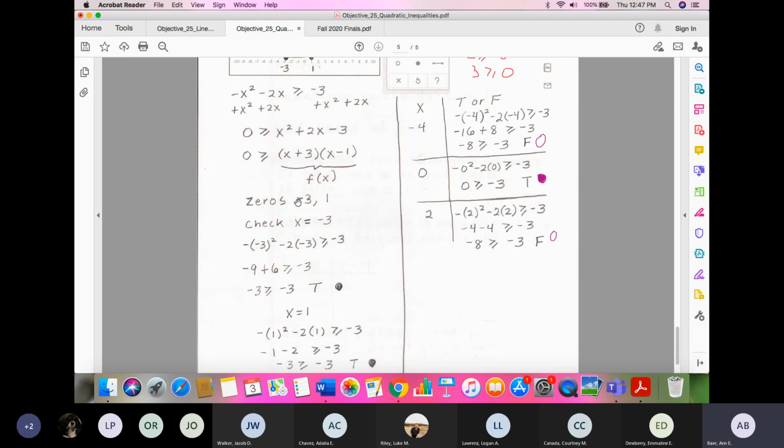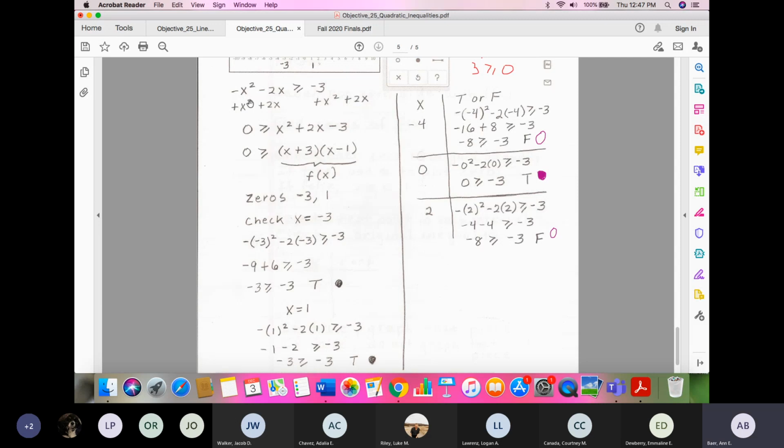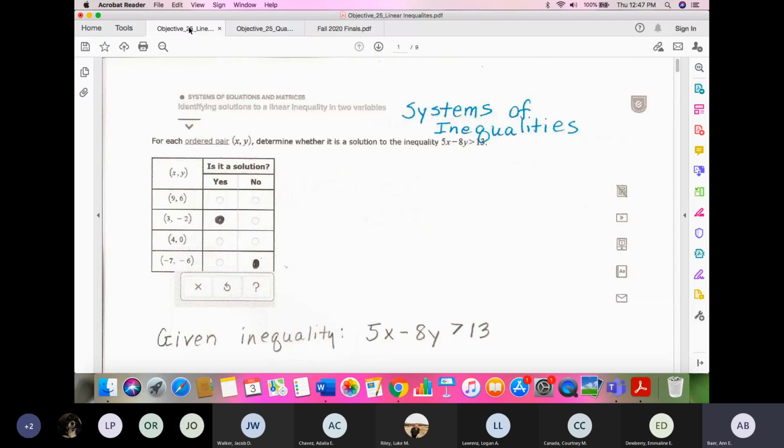So I'm done talking about solving quadratic inequalities. And now I want to take a look at solving systems of linear inequalities. So let's take a look at this particular objective.